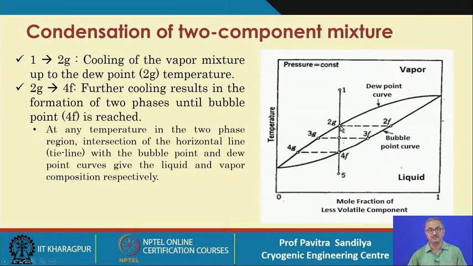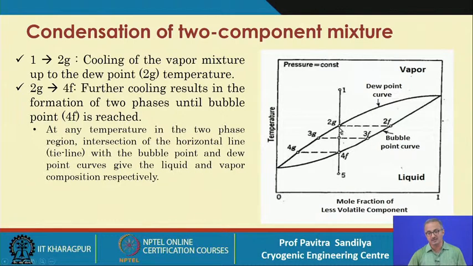And what happens after that? As we still lower the temperature, we get more and more of the liquid, and if we carry out the process very slowly, we may assume that at each temperature the two phases, vapor and liquid, come to equilibrium, and then we can draw these tie lines like 3G 3F to figure out the compositions in the liquid and vapor phases.